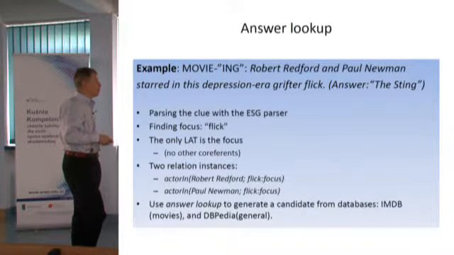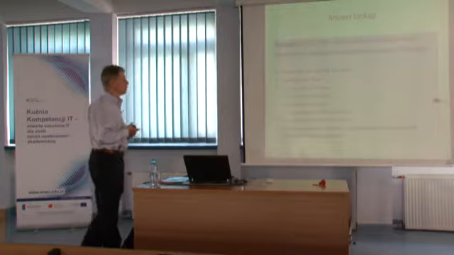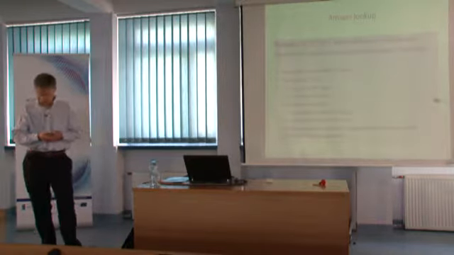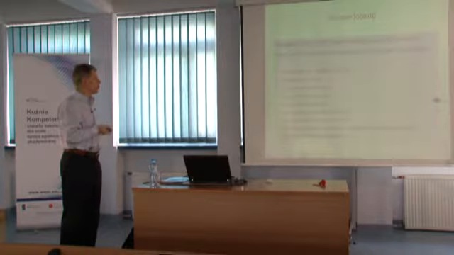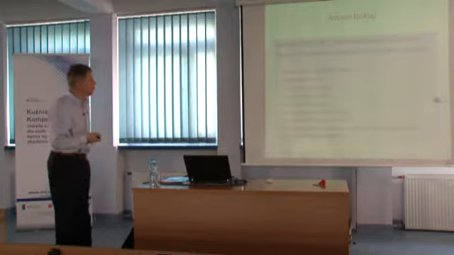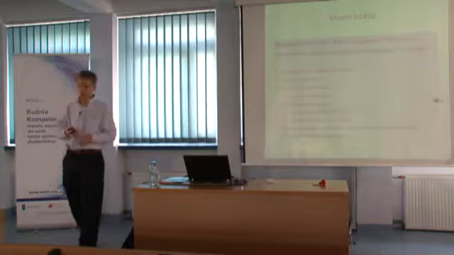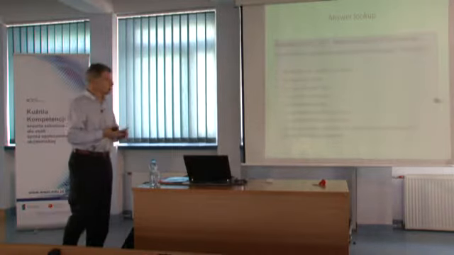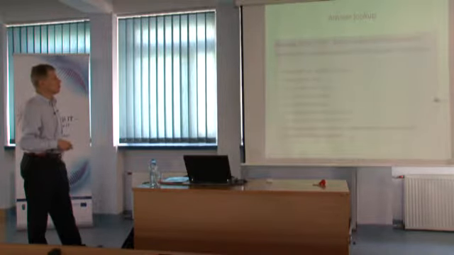Both of these can be found in a database, either in DBpedia, which is a general database of many useful facts, or in IMDb, which is a movie database which contains information about who starred in what movie, what the plot was, when the movie was released, how much money it made, and all the other stuff. So the information is there.